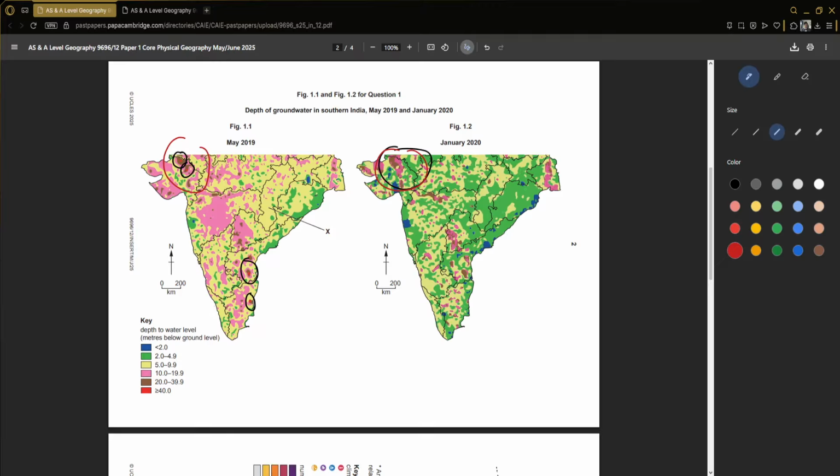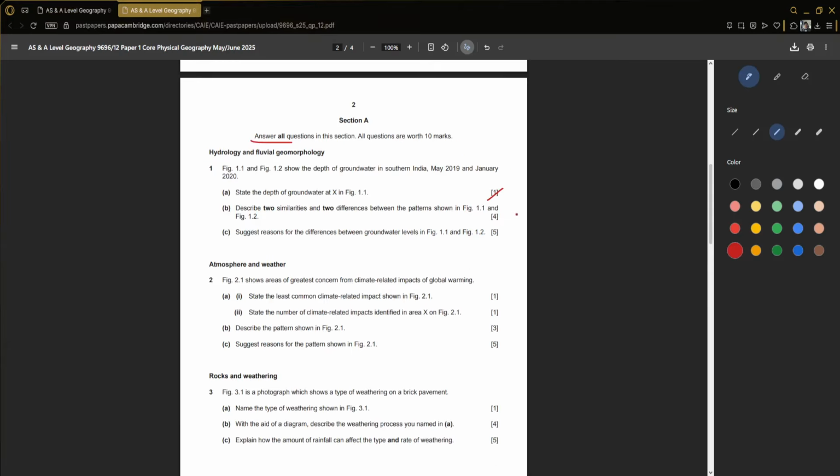So a similarity can be that in the northwest, the groundwater is still deep at around this level. Another similarity, this area is kind of deep as well, which you can mention, and you use geographical terms, like this is the central and south, and this is more towards the east of India. So in the northwest, it's deeper in both, and that's a similarity, same as in the central area. And you get 2 similarities marks.